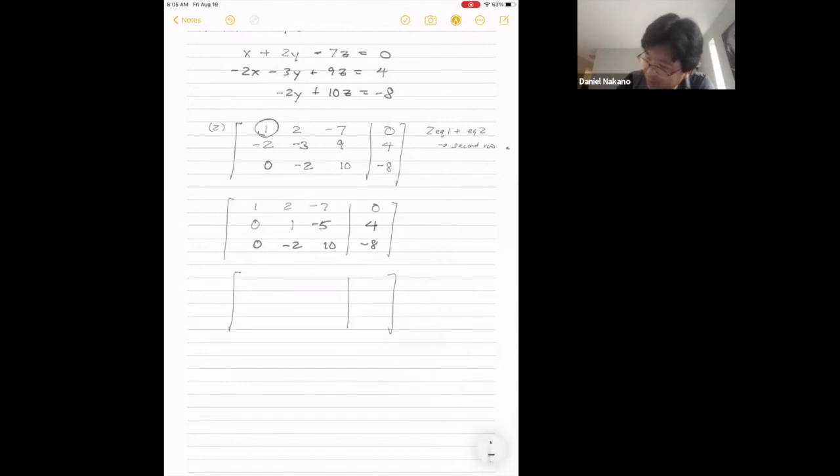So I want to multiply now this one by 2, right? So 2 times equation 2 plus equation 3. I'm going to put it into the third row. Okay, so 1, 2, minus 7, 0, 0, 1, minus 5, 4.